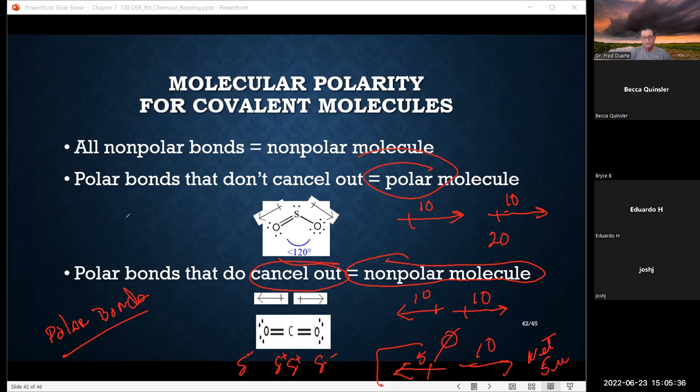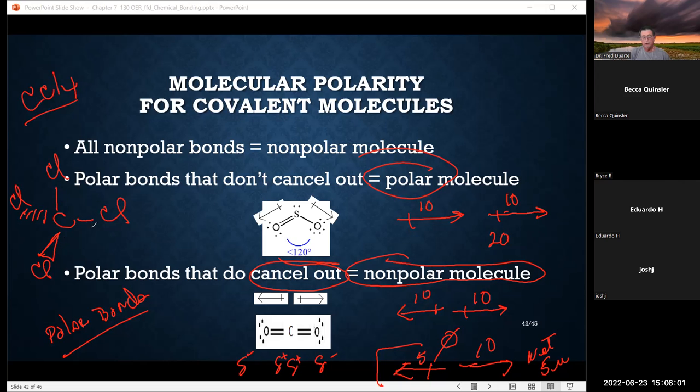Let me give you an example: carbon tetrachloride. We have carbon with 4 chlorides. You can go through the Lewis dot structure for this species, and you will end up with a tetrahedral configuration.